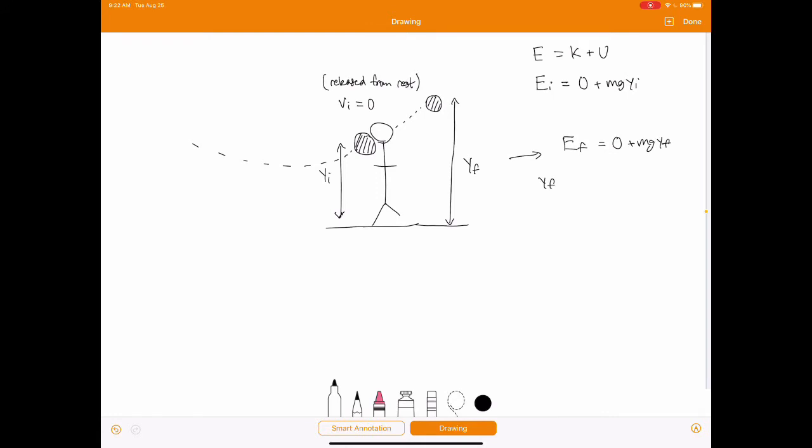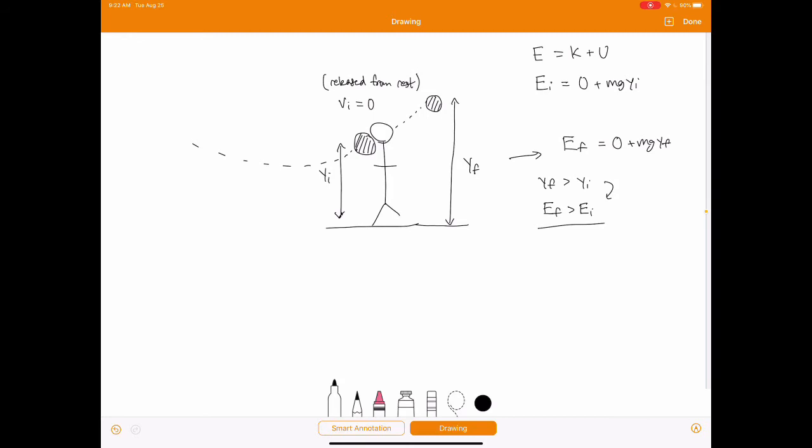But if y final is bigger than y initial, that would imply that E final is bigger than E initial. So somehow the ball has more energy at the end than what it started with. That's just not possible. Where did that energy come from? Energy has to be conserved.